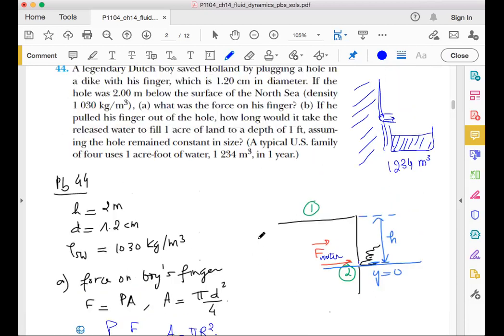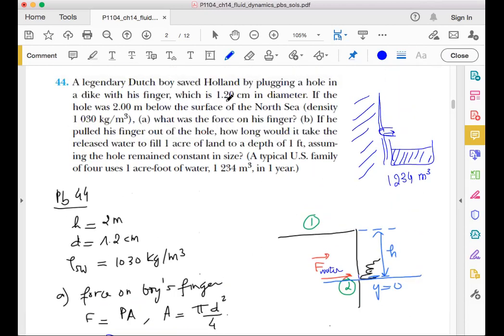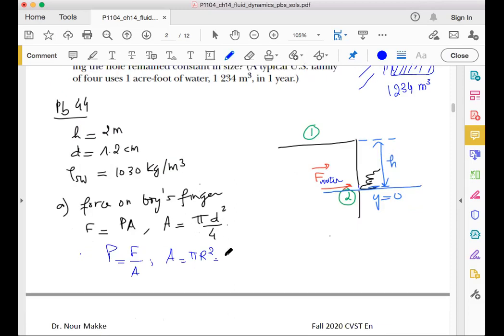But since here we don't have the radius, but we know the diameter, we are going to stick to the diameter, and so we write pi multiplied by the diameter divided by 2, squared.